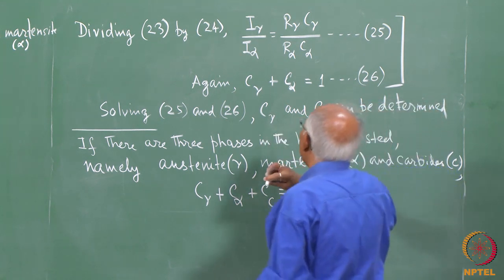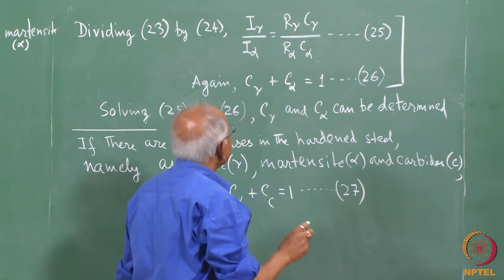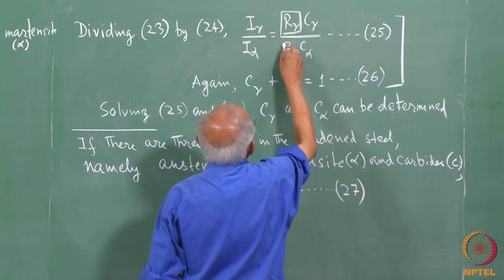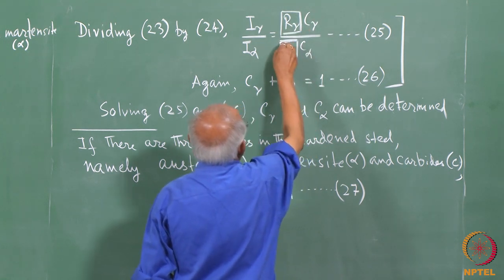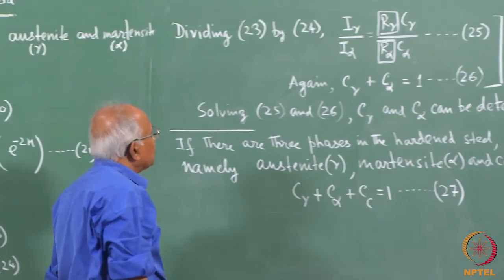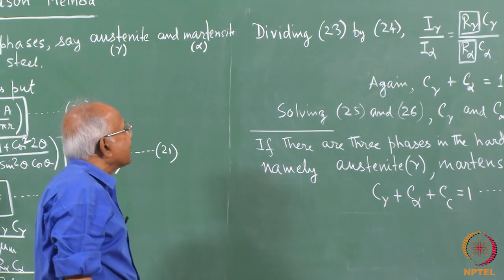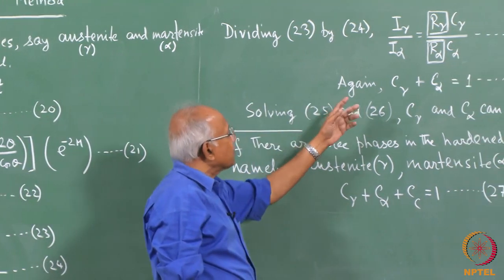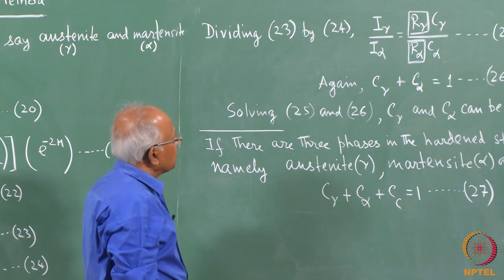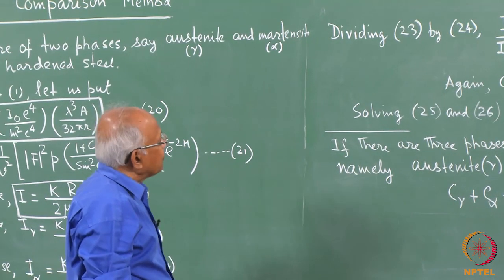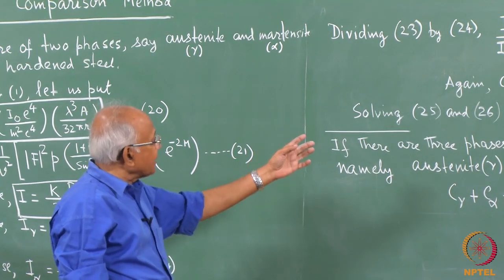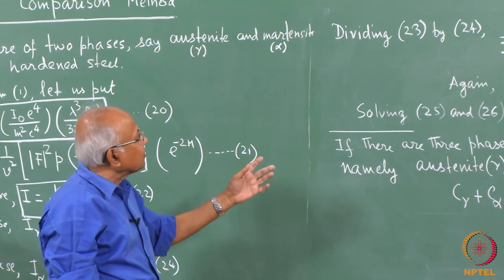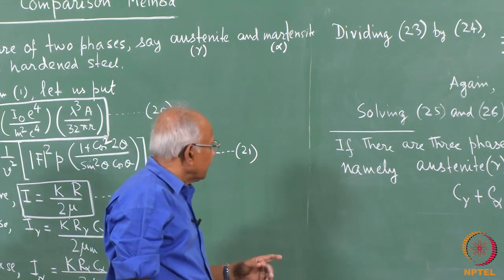But in order to do that, we have to find out the values of R gamma and R alpha. Once we can determine the values of R gamma and R alpha, then by solving equations 25 and 26, it is possible to find out the volume fractions of the austenite and the martensite phase in the phase mixture of austenite and martensite in hardened steel.